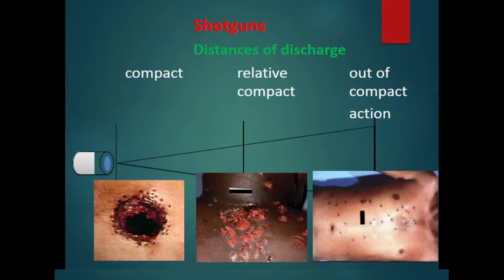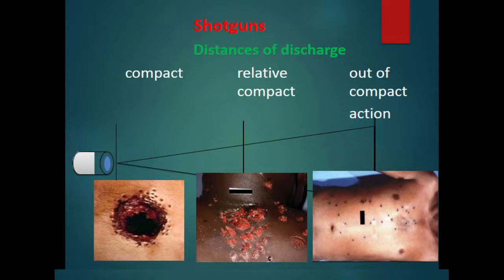Most of the projectiles were acting as one single projectile, one single bullet. That's why we see central damage and absent separated injuries by the pellets.